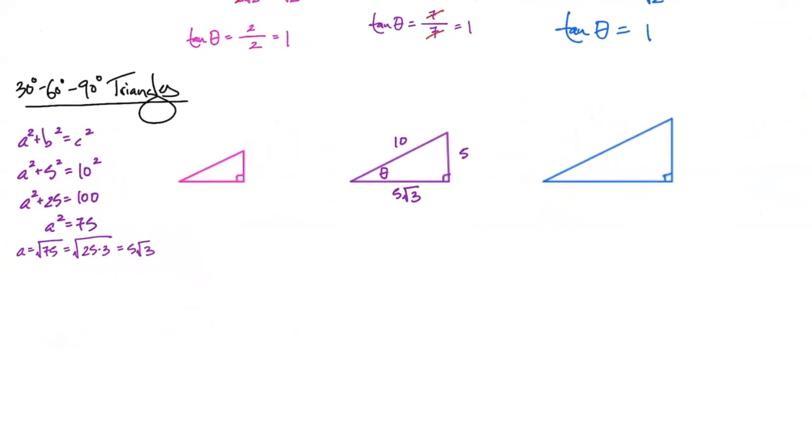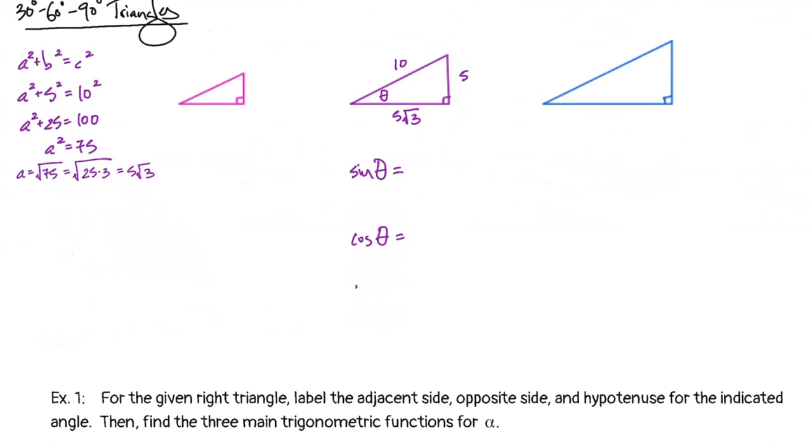Now let's go ahead and find our sine theta, our cosine theta, and our tangent theta. So take a moment and do that. Plug in your numbers. If you can simplify, please simplify. I think we can for all of them in this case. So let's go ahead and do that simplification as well.